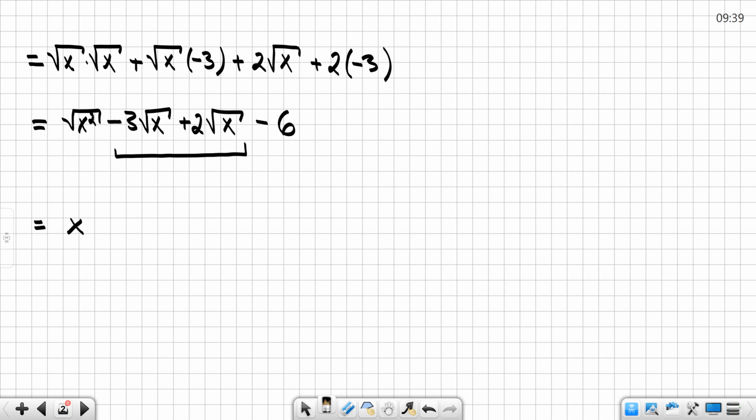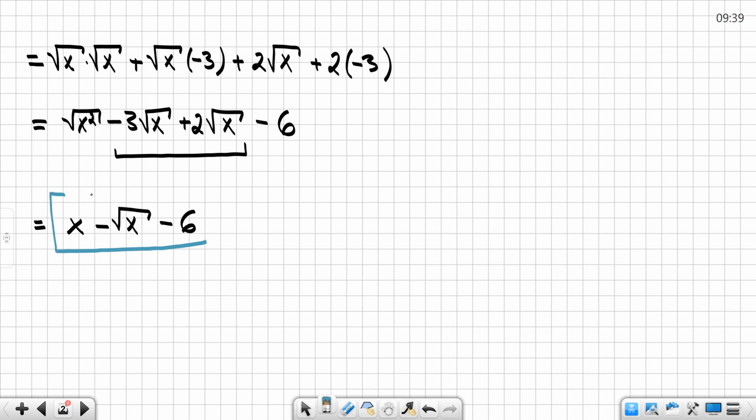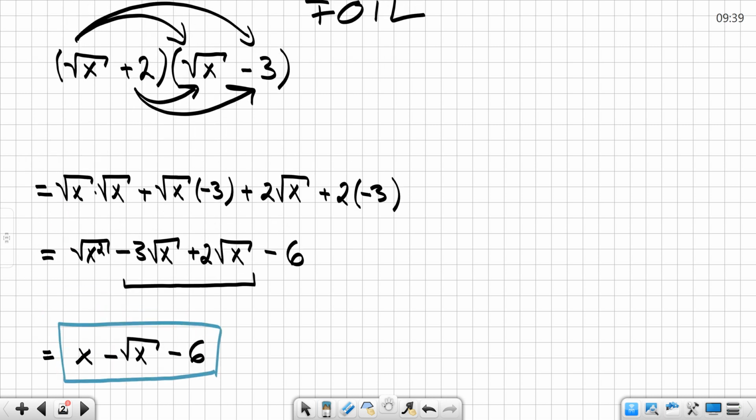Negative 3 square root of x plus 2 square root of x, I'm left with negative 1 square root of x. And that is it. Nothing else to be done. I have multiplied these two expressions out.